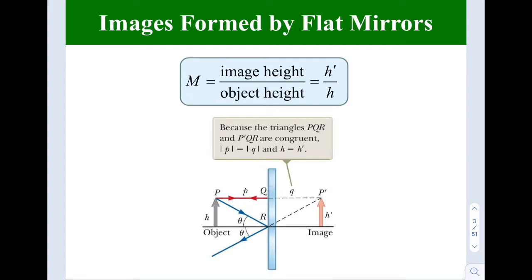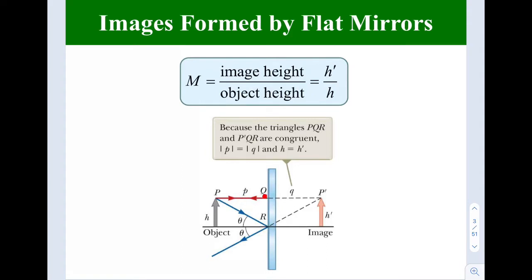If you recall the ray diagram technique, you have to consider at least two rays, but the best is three, although two rays are enough. The first ray is from the top of the object, projected onto the mirror and then reflected back.